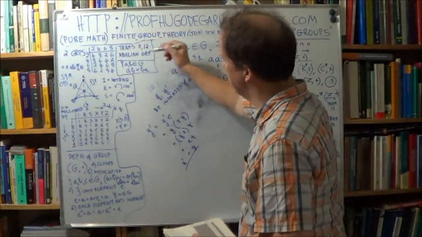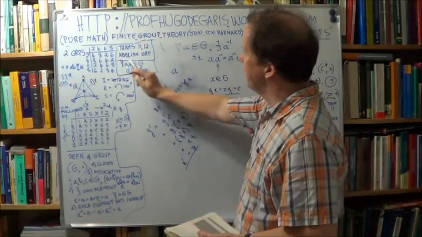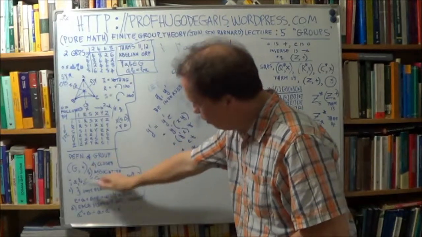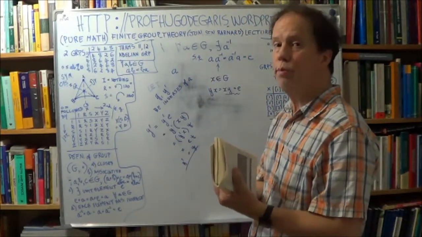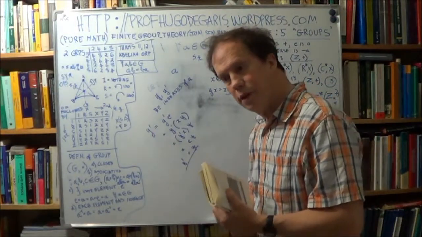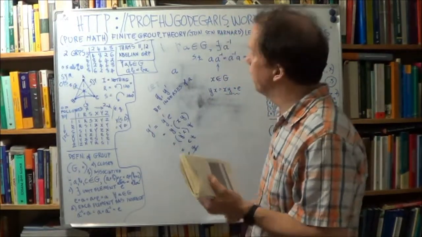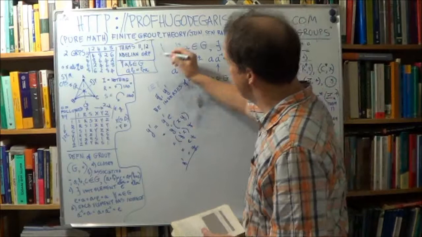Okay, now we pick up the pace a little bit. Now there are four properties here. Now, interestingly, some groups have an extra, sort of special property, and here it is.